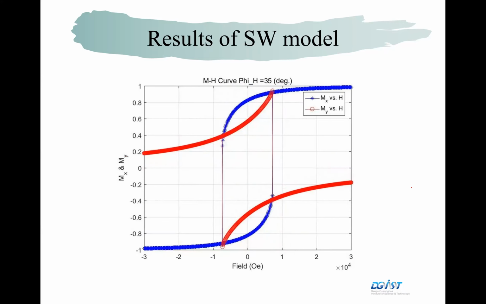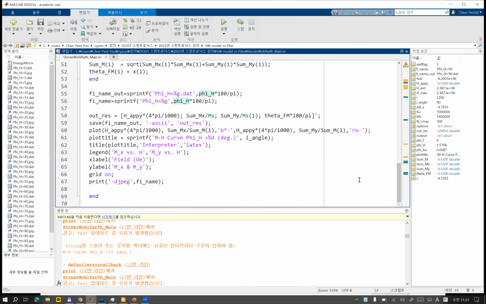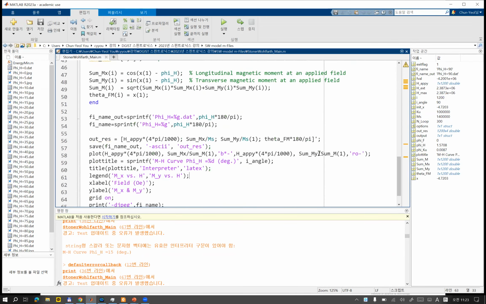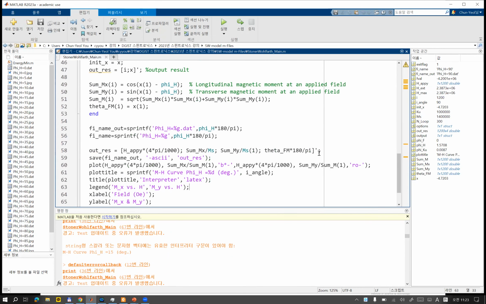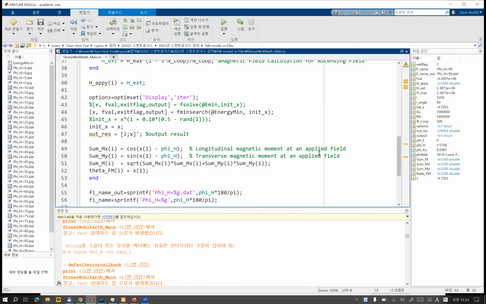The MATLAB code of this calculation is not that long, maybe less than 100 lines. If you remove the routine for the figure, only 50 or so lines are needed to obtain this kind of behavior.